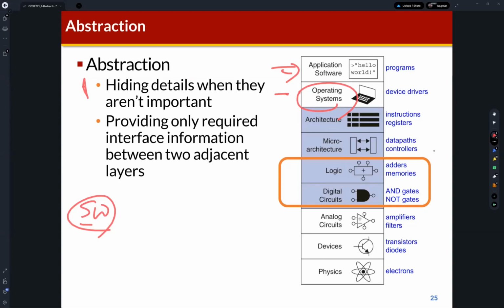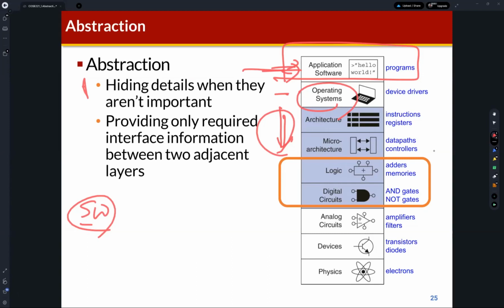It's not true, but they do not consider the detailed mechanisms of the underlying layers. So they can focus on their own layer because some details can be hidden. That is the concept of abstraction. So this is a benefit of abstraction.